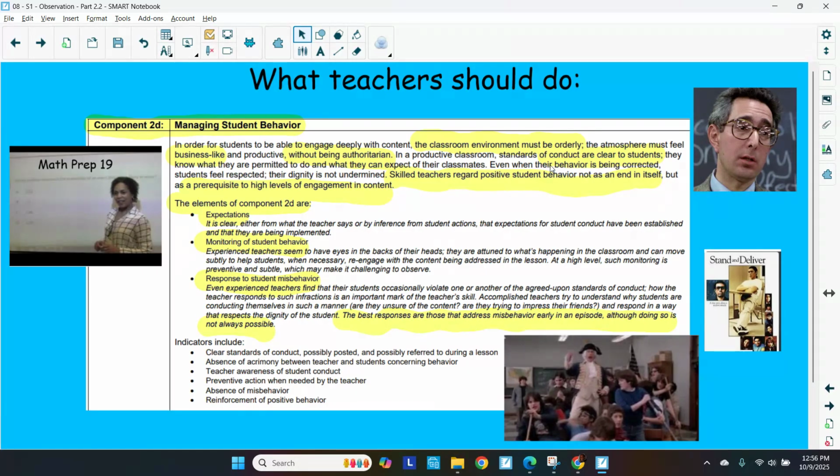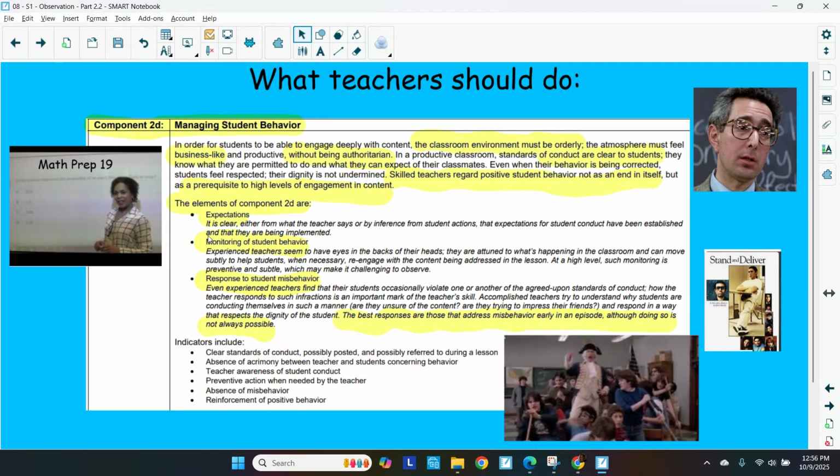You have to treat it like it's a business, because I tell them, I'm here to do math business. I'm not here to play basketball with you or anything like that. I'm here to teach you what you need to know for the state test. I'm not trying to be a dictator, but if I have to, I do put on that hat at times. So, some elements of the 2D component is expectations.